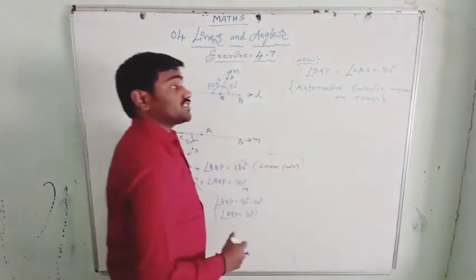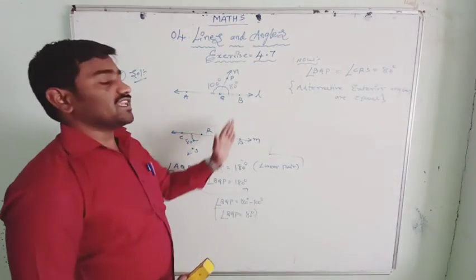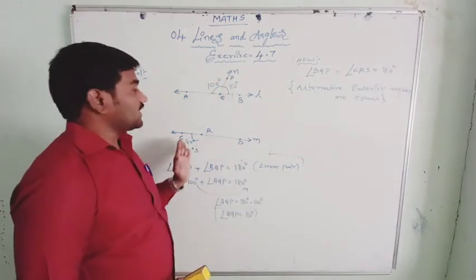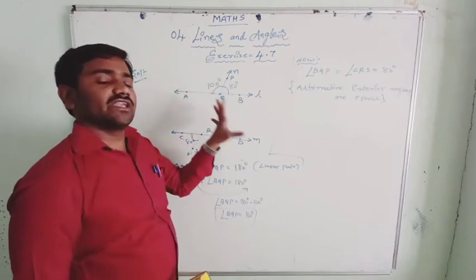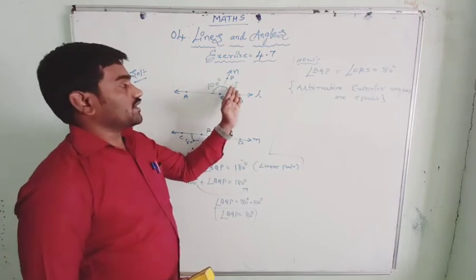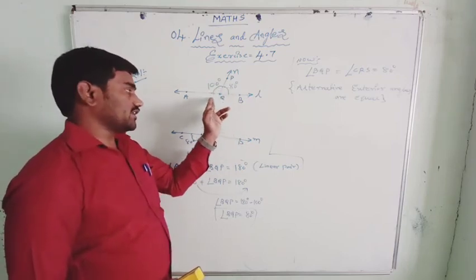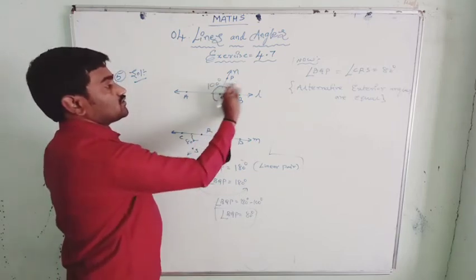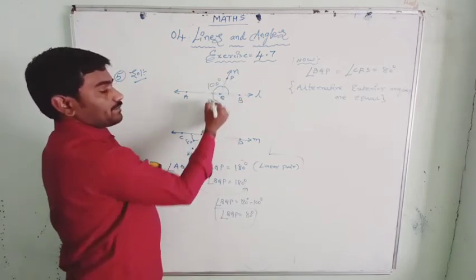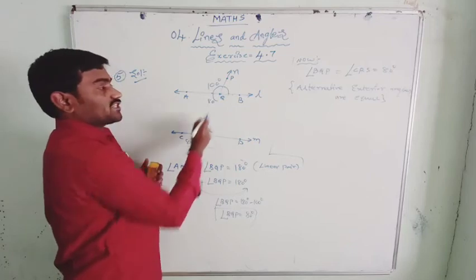When two lines are parallel, only then alternate exterior angles or alternate interior angles or corresponding angles will be equal. So here you can take that 80 degrees and show that they are corresponding angles also. If the sum of these two angles is 180, then these two angles are known as corresponding angles.